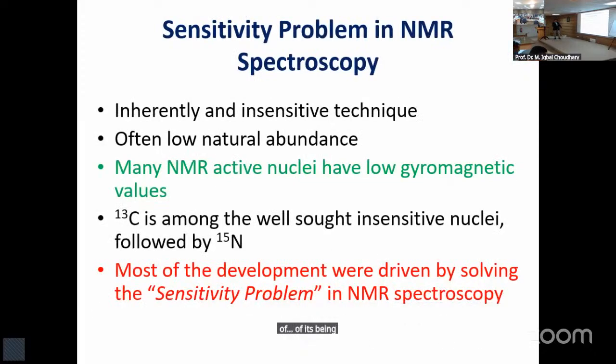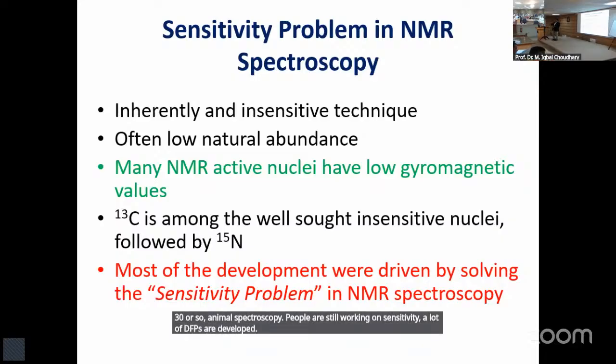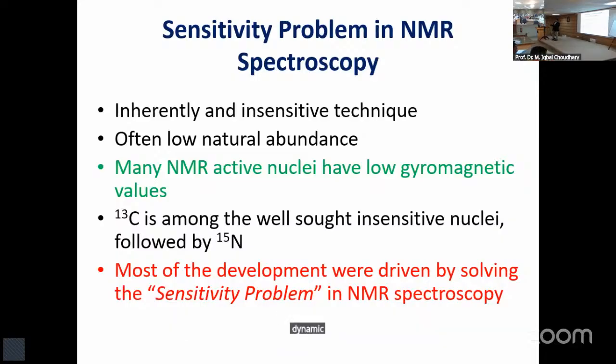Okay, so as I said, in the first 30 years or so of NMR spectroscopy, people were still working on sensitivity problems. A lot of DNPs were developed. Dynamic range spectroscopy was developed.